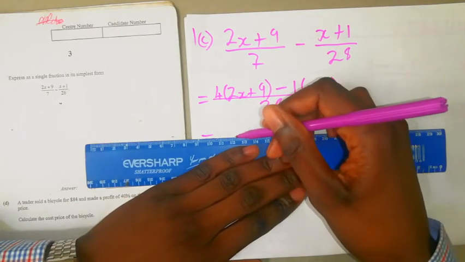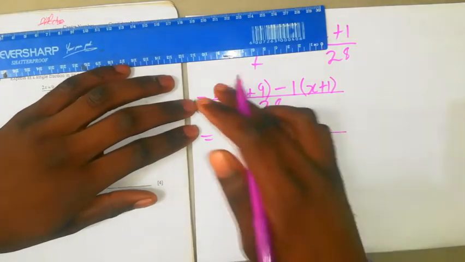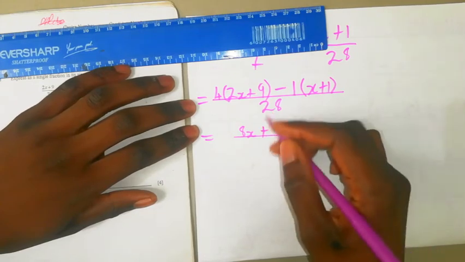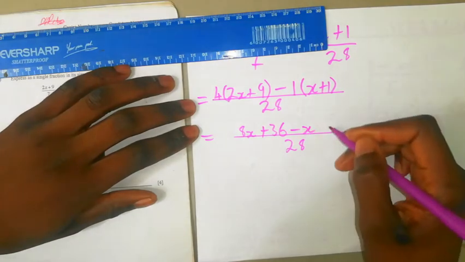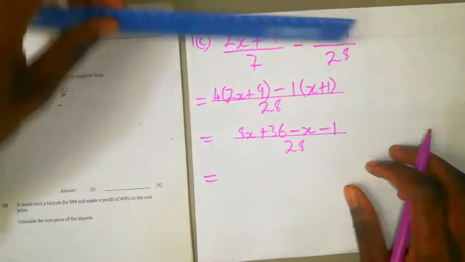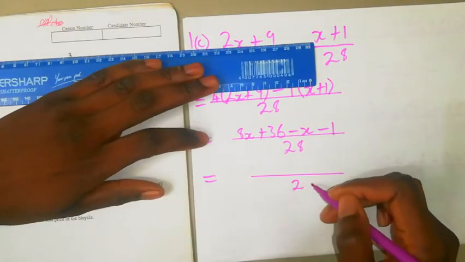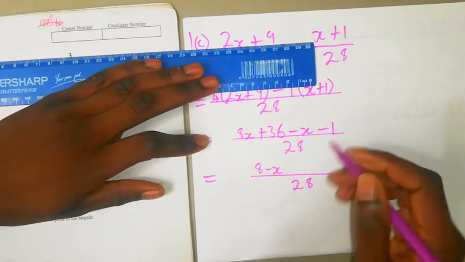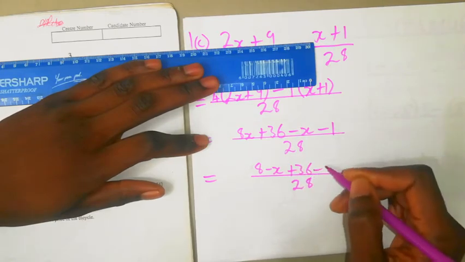so I'm going to have my denominator, my 28, then 8x plus 4 times 9, 36, minus x minus 1. Then I'm going to collect my like terms there. My denominator 28, then it's 8x minus x plus 36 minus 1.